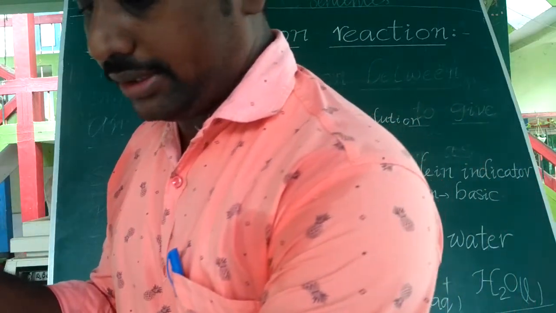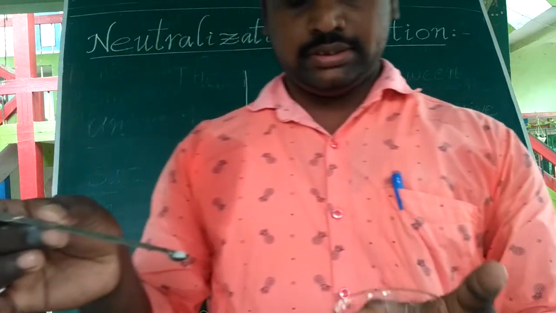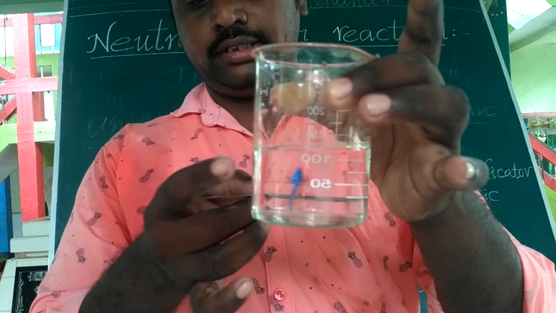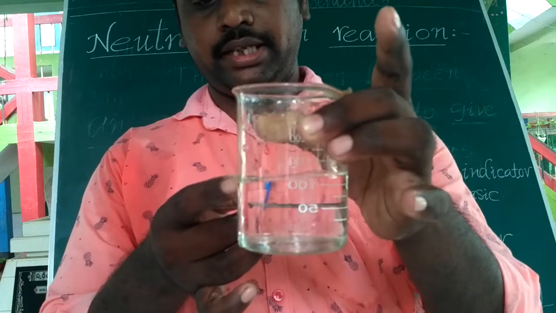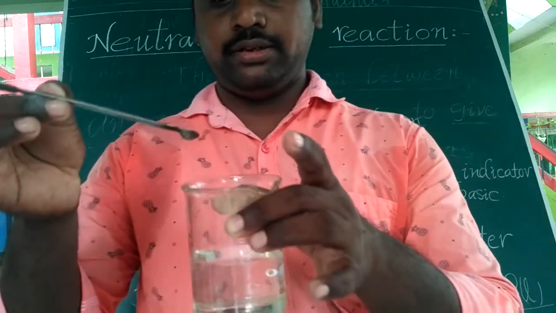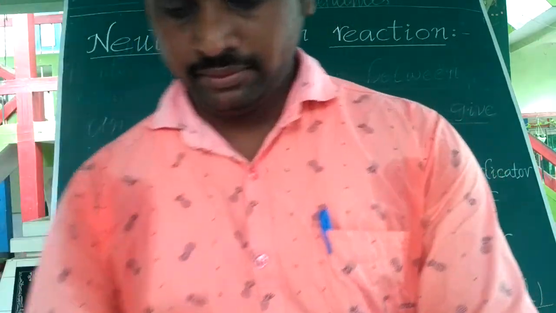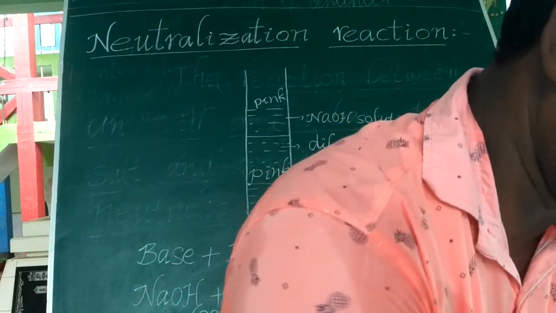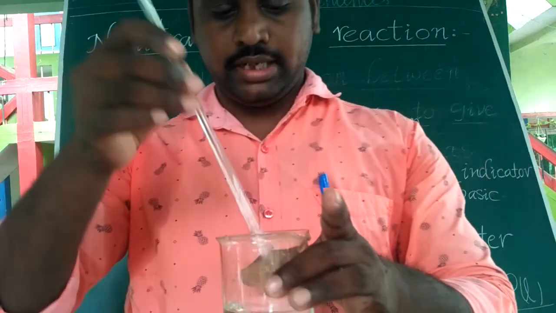This pellet is dissolved in water. We take some quantity of water in a beaker, add one pellet of sodium hydroxide, and stir with a glass rod.